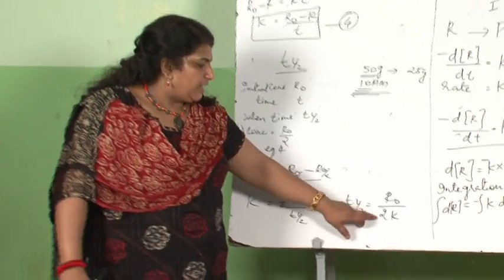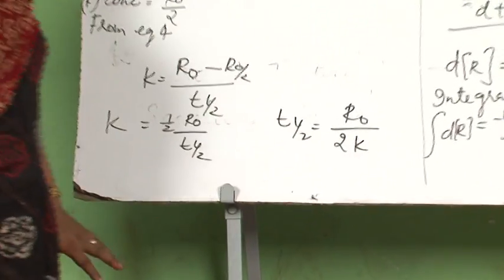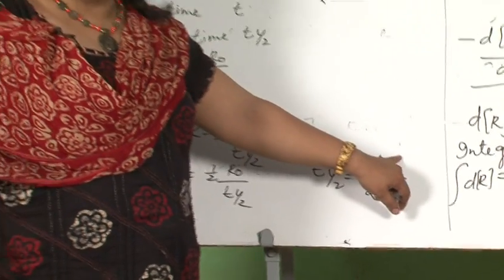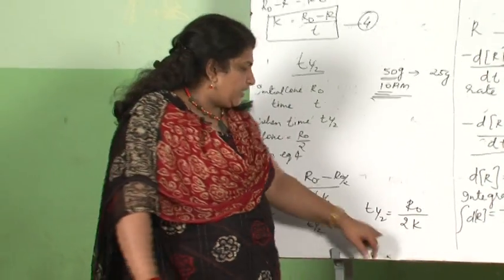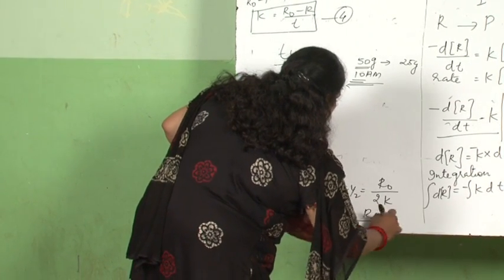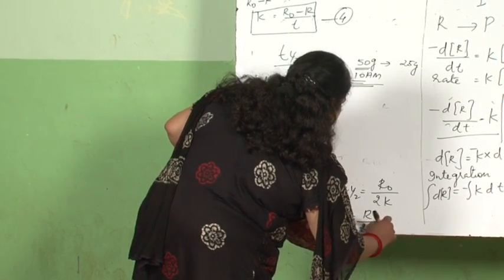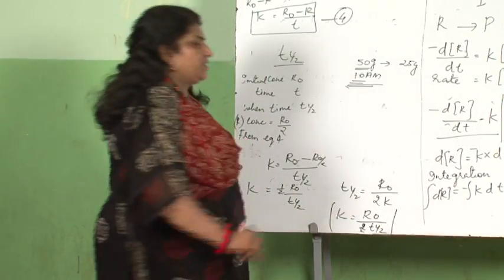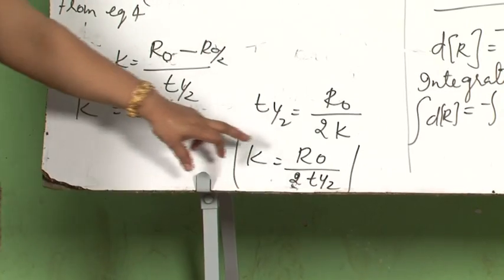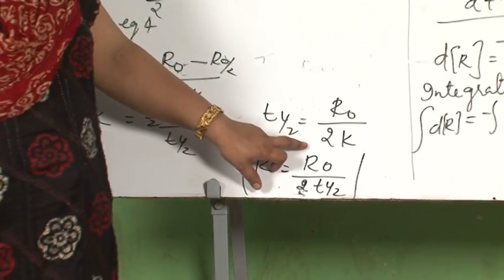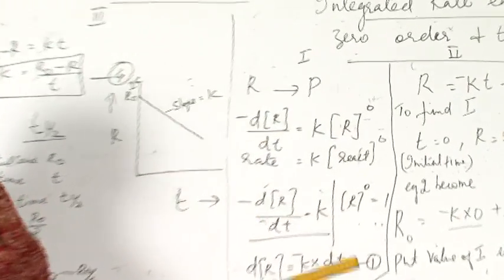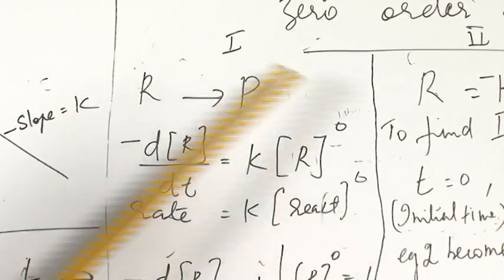T half is equal to R0 upon 2K, means T half depends upon the initial concentration of the reactants, or K is equal to, from this, K is equal to R0 upon 2 T half, means rate constant depends upon half-life and initial concentration of the reactants. Is it clear to you, children? Once again, you can go through the derivation because the derivation is very important.